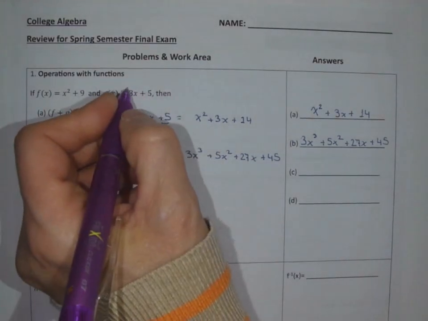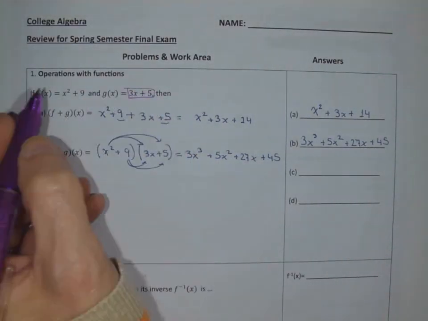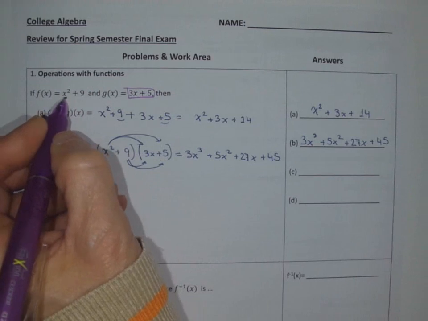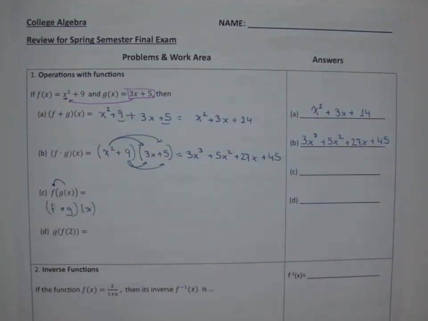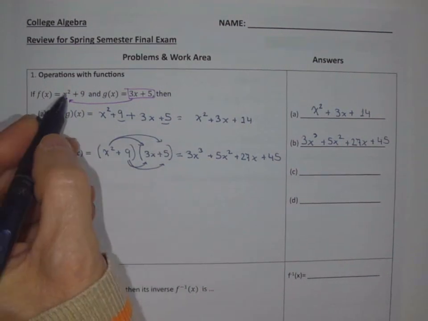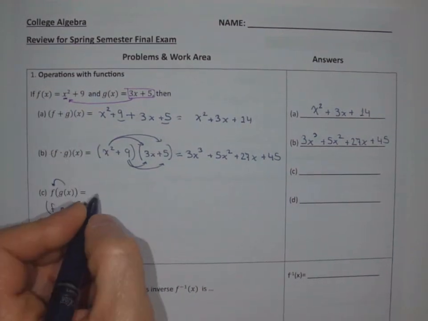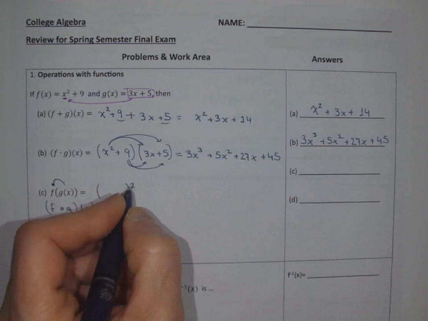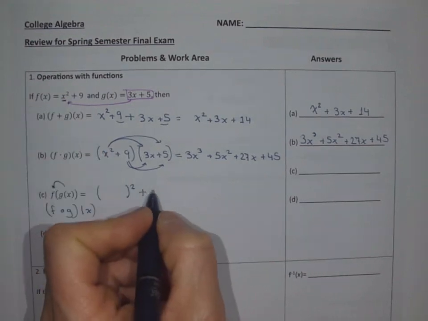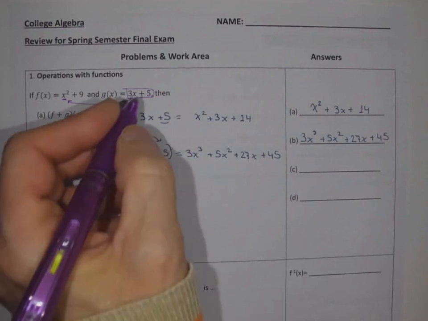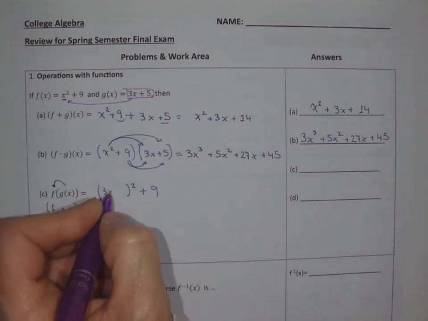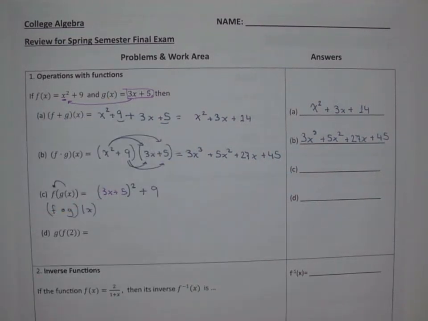I'm going to replace the x in the f function with that g function, okay? So the x here is squared, so we have something squared and then plus 9, right? That will be my f function, but inside I need to put g, so that will be 3x plus 5, wherever the x used to be.